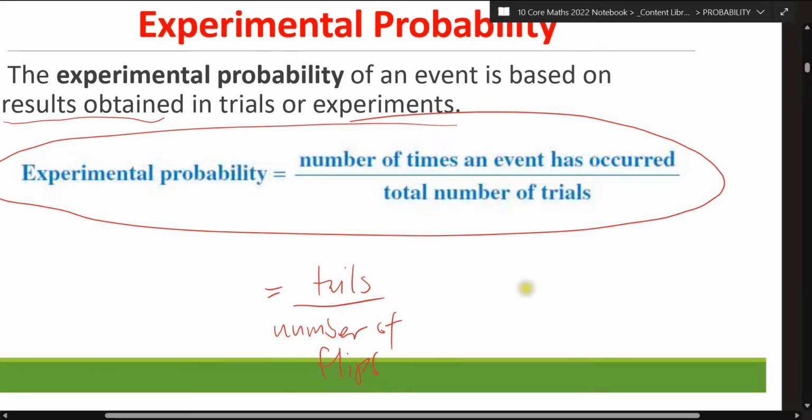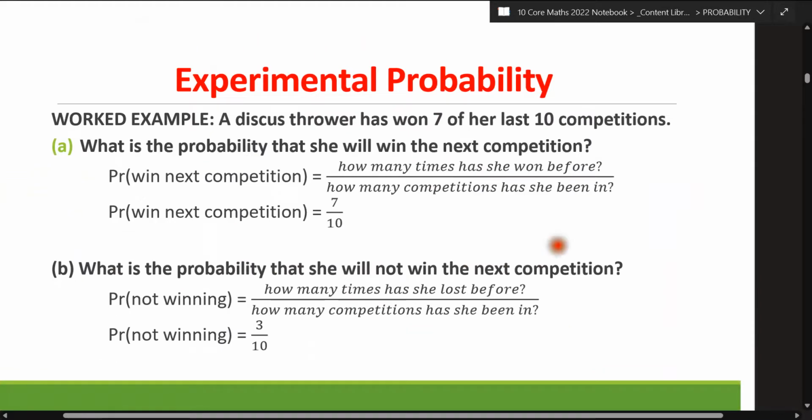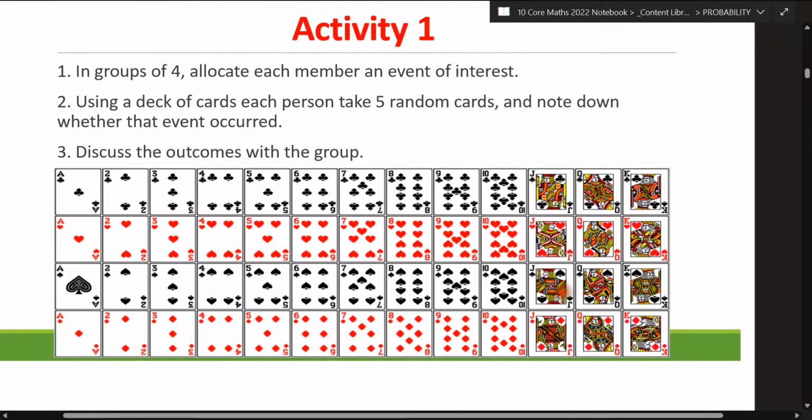If I flip tails once out of 20 flips, then there's my probability right there, 1 out of 20, using that formula. Let's put it to practice so you can see how it works. And I'm going to pause this now.